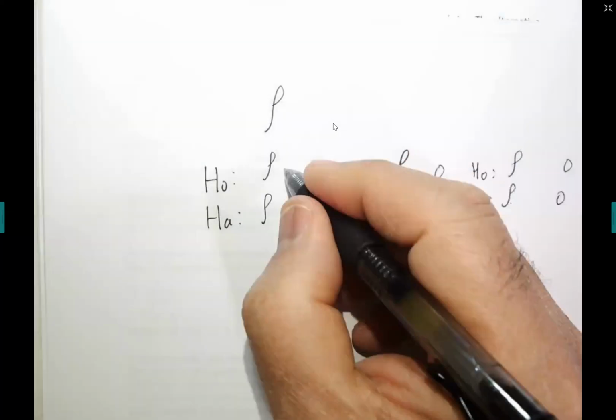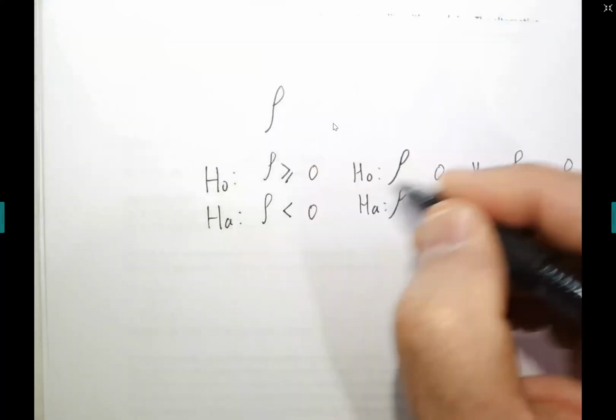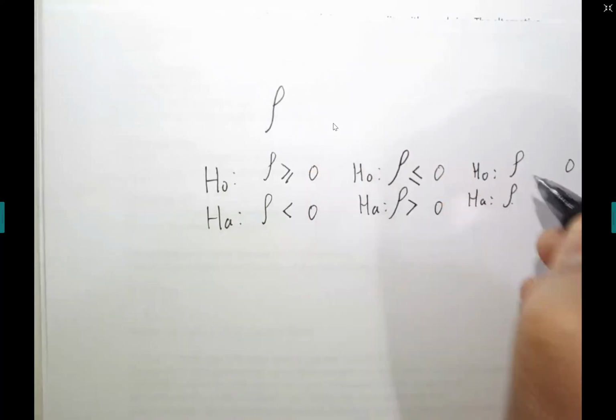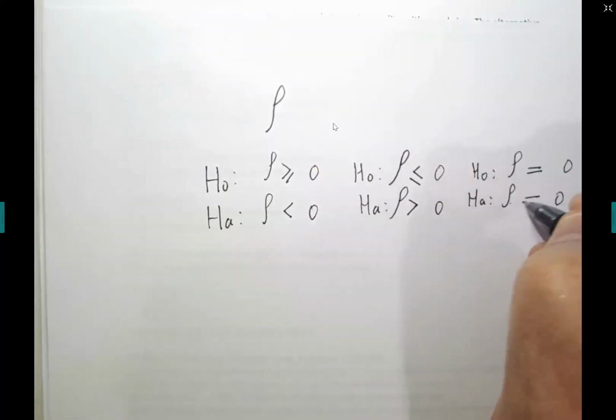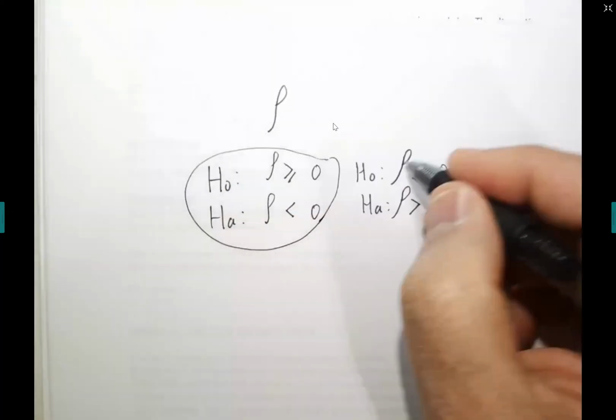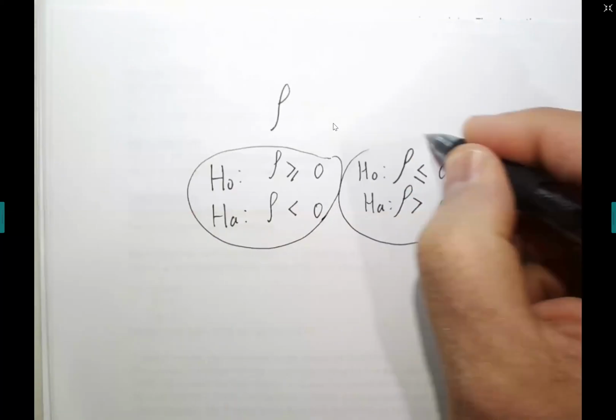So it could be this, or it could be that, or it could be equal and not equal. So you guys, you have to select one of those. And let me explain why 0.